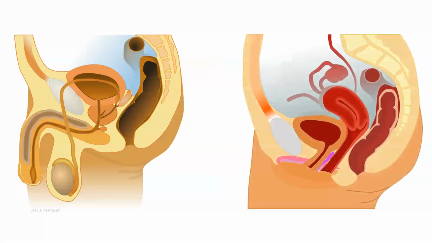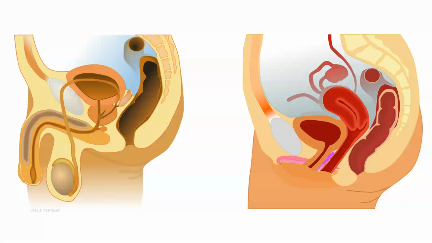Okay, this is the female anatomy, and the first thing to point out is the difference between the urinary tract and the reproductive tract. So this is the urinary tract here, and this is the reproductive tract here. They're kept totally separate, and the external genitalia of the female anatomy is interesting in the sense that at one point they were very similar.